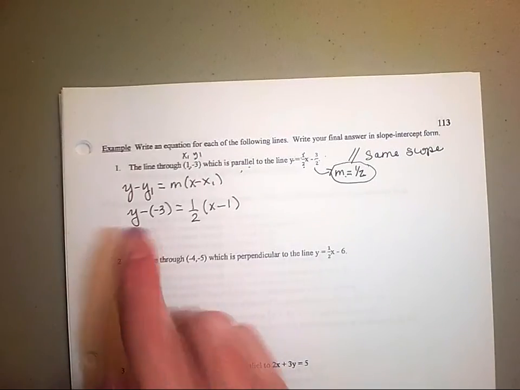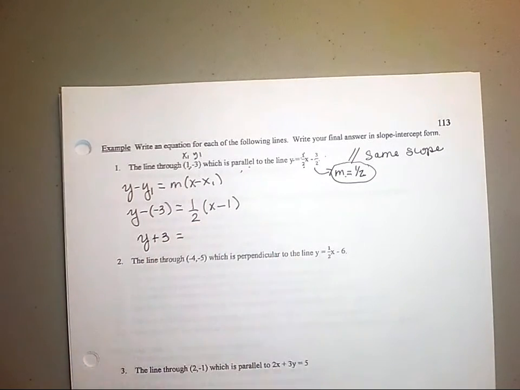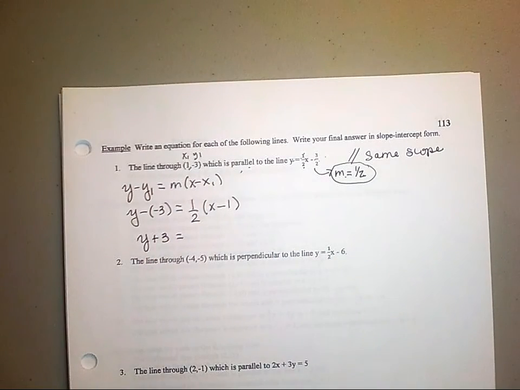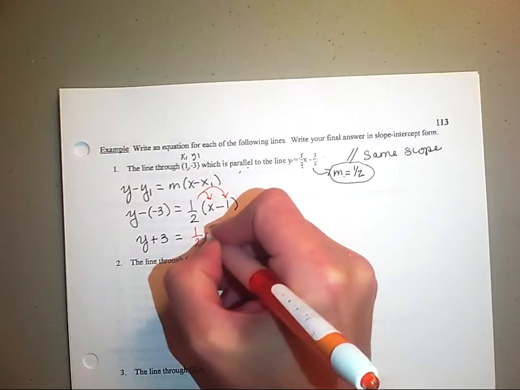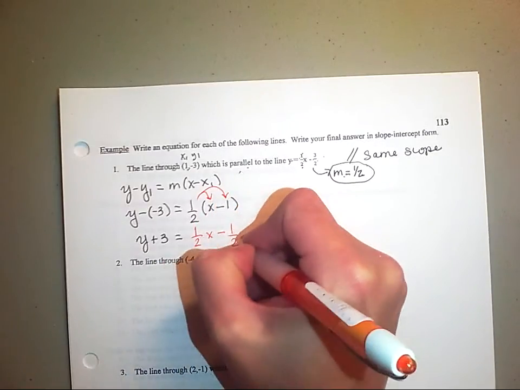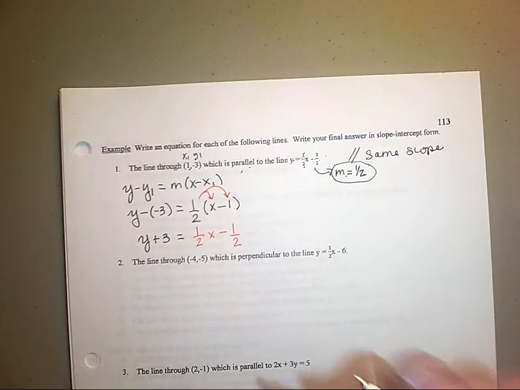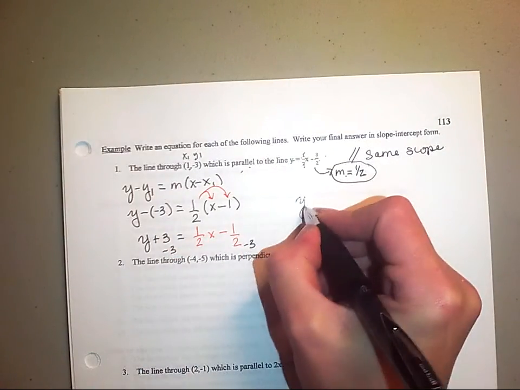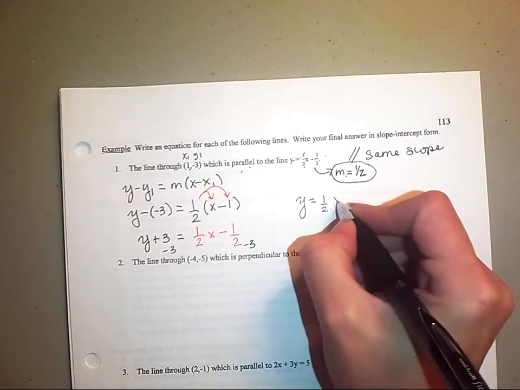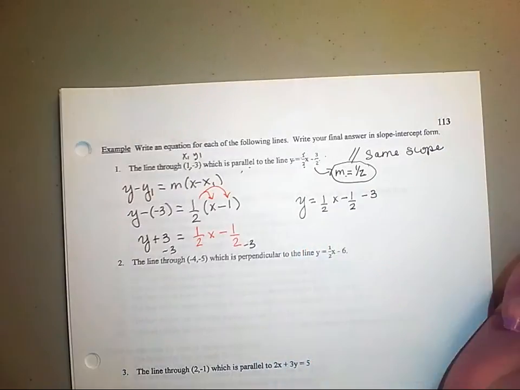And now we'll just keep doing as we've done. Simplify the left-hand side, so we'll get y plus 3. Simplify the right-hand side by distributing, 1/2 of x minus 1/2. And now we'll solve for y. To do that, we need to subtract 3. So y is equal to 1/2 x minus 1/2 minus 3.